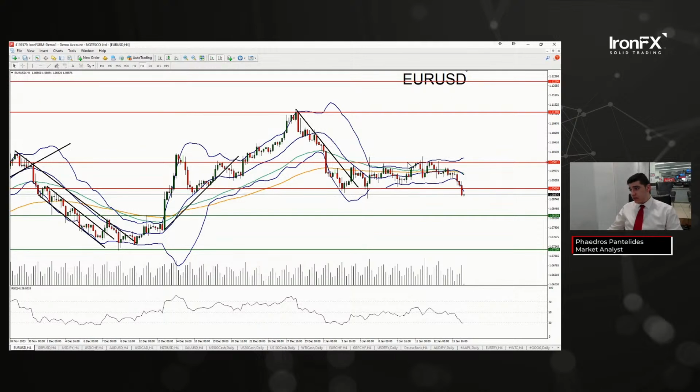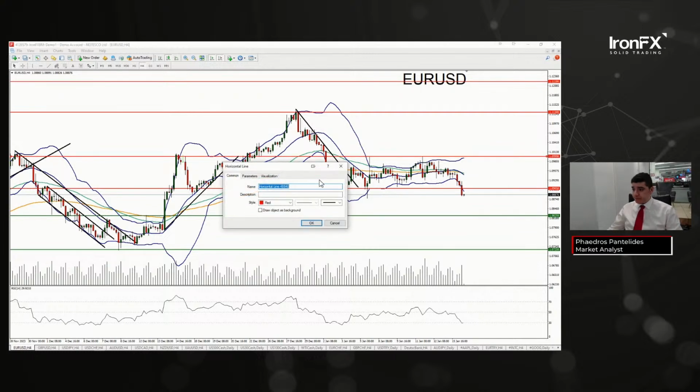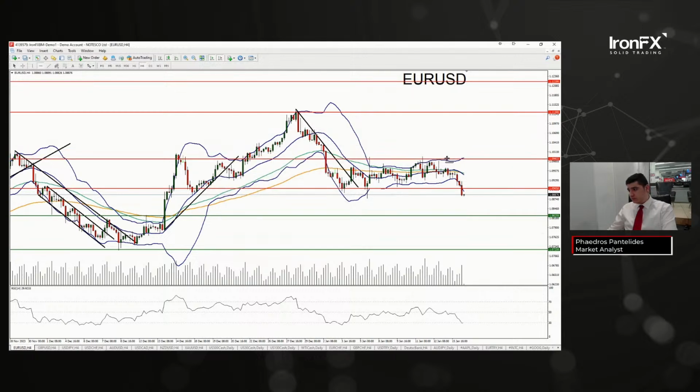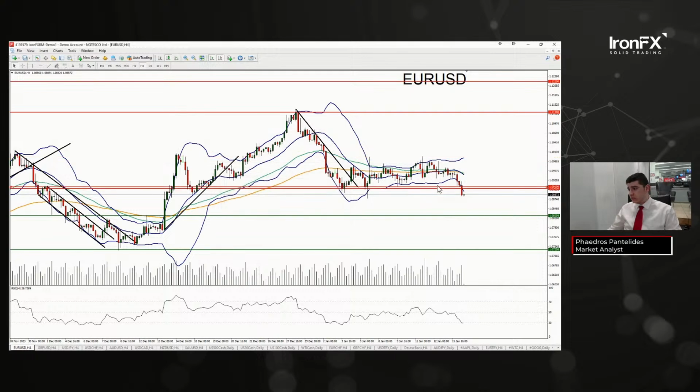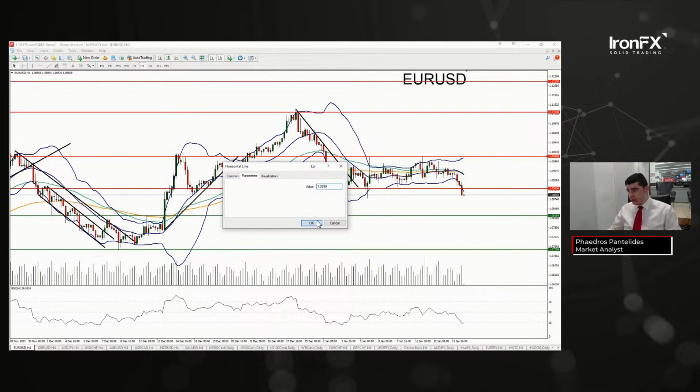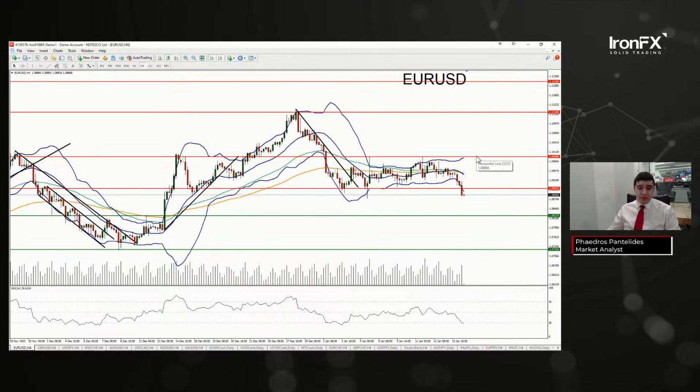But you could either take R2 at this point at 1.0980, or you could take this wick, which was at 1.0999. Simply put, 1.0999 could be R2.